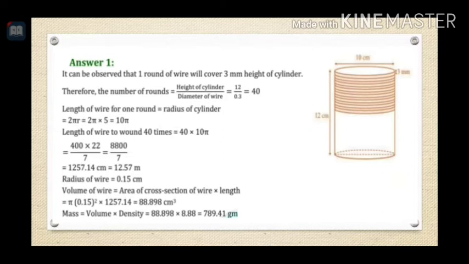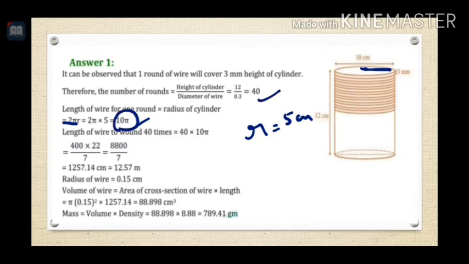What is the circumference of the base circle? It is 2 pi r, where r is equal to 5 centimeter, because here the radius is 5 centimeter. So that is 10 pi. Now for each round, the length of wire is 10 pi.